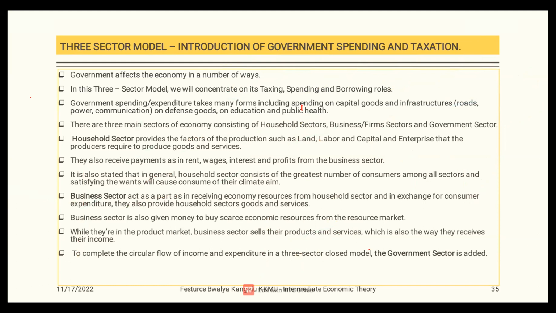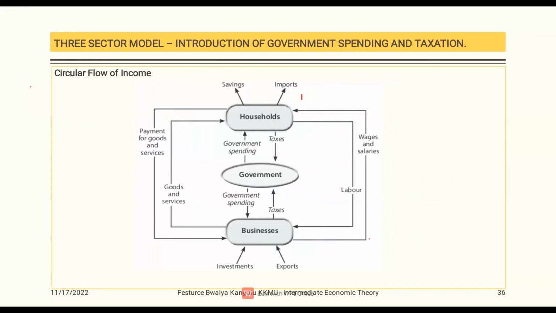When the central bank says that there is little money in the economy, the government through the central bank will increase money supply. Then again, if it sees that there is too much money, which is dangerous to the economy, it reduces money supply. We'll talk about that under monetary economics, on how the central bank increases and how it reduces money supply. Okay?